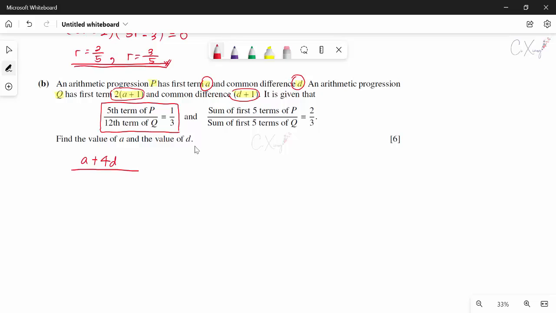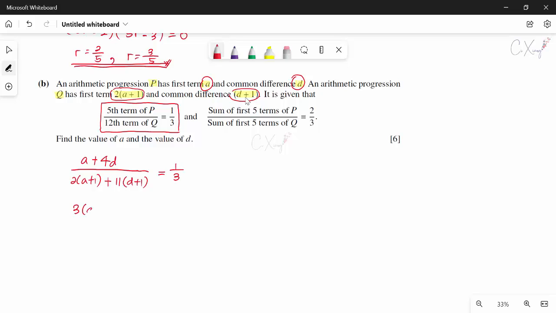So the 12th term means 2A plus 1, plus n minus 1, which is 11, times the D, which is actually D plus 1, equals 1 over 3.